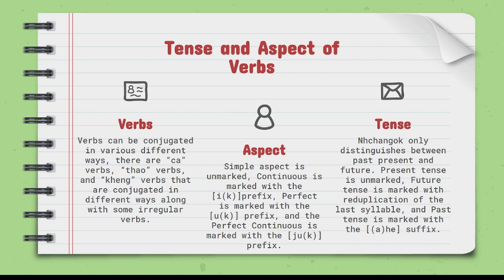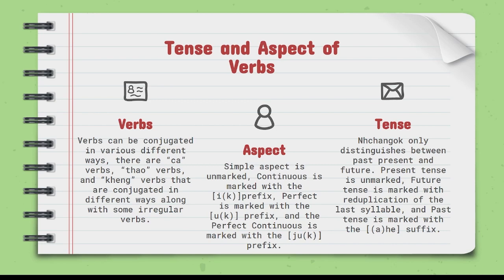Simple aspect is unmarked. Continuous is marked with the prefix e, which can include a k if the preceding word starts with a vowel. The perfect is marked with uk, the k being implemented in the same circumstances, and the perfect continuous is marked somewhere in between with yuk, again the k appearing in the same circumstances.